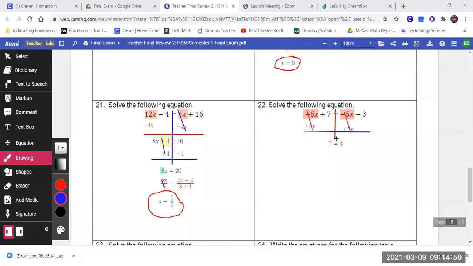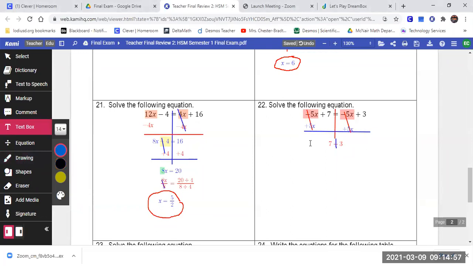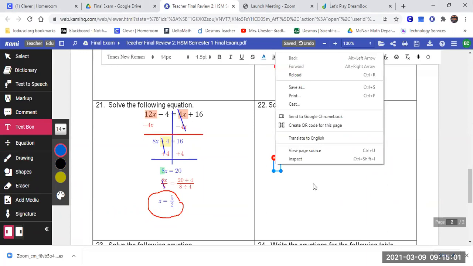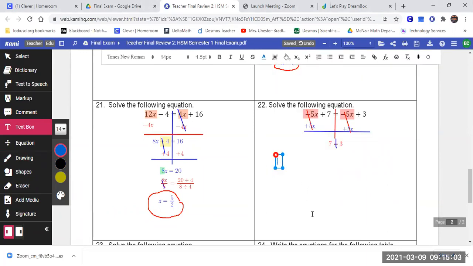A slash, because 7 does not equal 3. So now we've got to figure out what's the answer to this problem. Did we solve an x equals something? Do you see an x in our answer? No. So we didn't solve an x equals something.